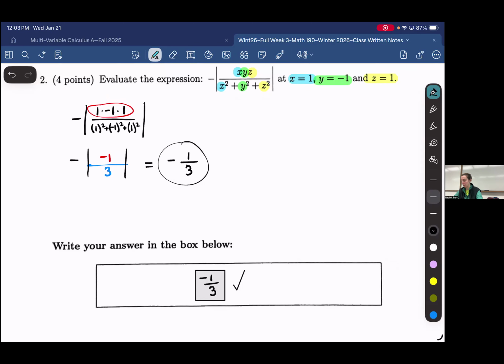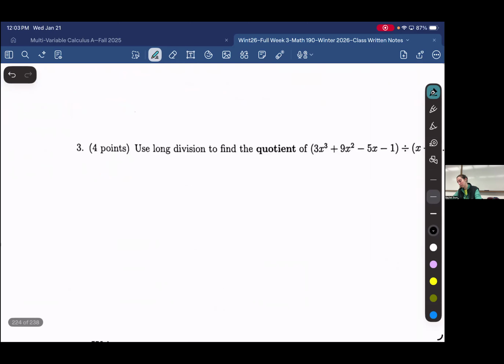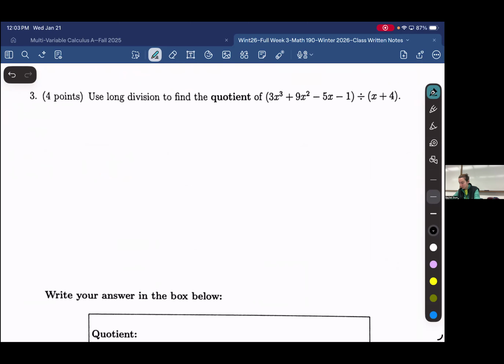Go ahead and move on to question 3, which is a long division problem. So let's set it up properly. We have 3x cubed plus 9x squared minus 5x minus 1. Do we need to put in any placeholders?